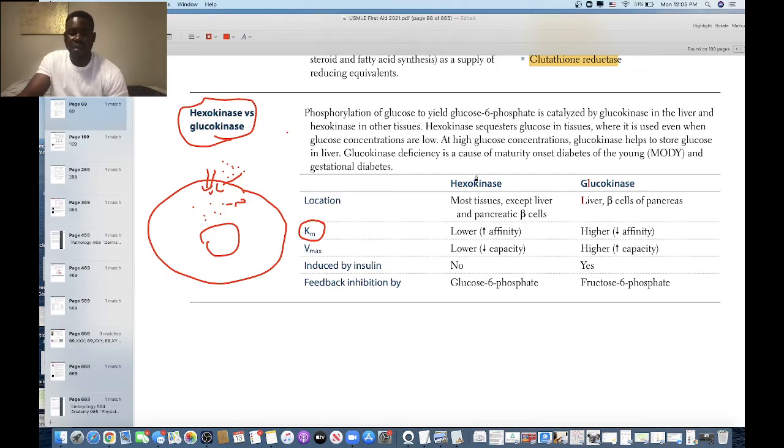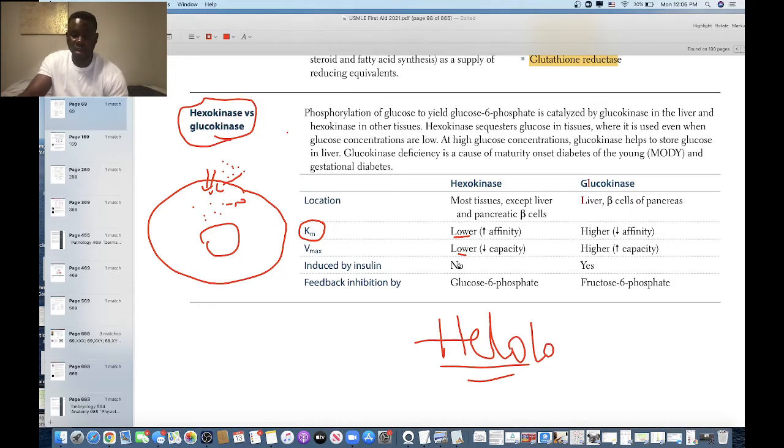Now, they have a different Vmax and different Kms. So for me, hexokinase has low, and glucokinase has high. So my mnemonic is low, like this, low. So hexokinase has low Km, low Vmax. I'm done. That's all my mnemonic for it. So you have to know this. Just know it.